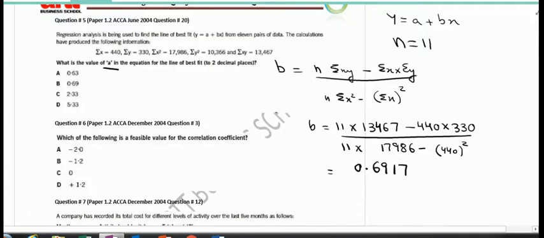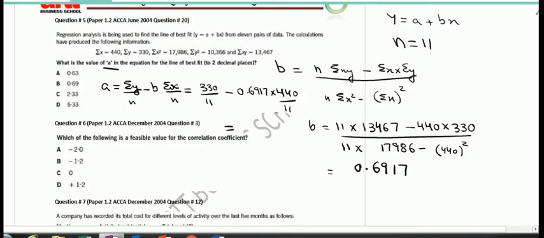Now calculating A: it is summation of y over n minus B times summation of x over n. So my A will be summation of y, which is 330, over n, which is 11, minus 0.6917 into summation of x, which is 440, over n, which is 11.